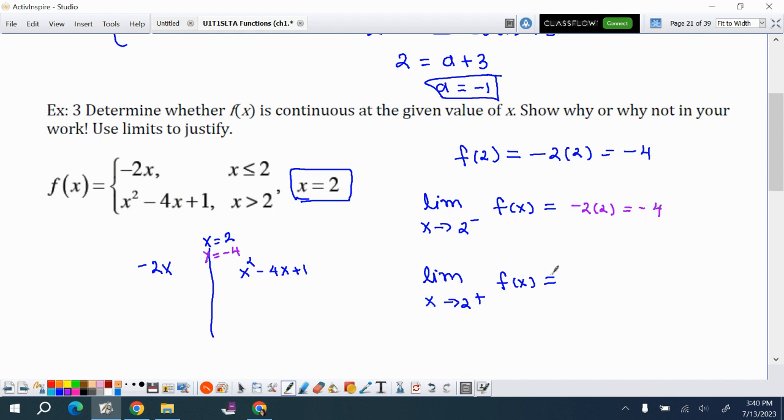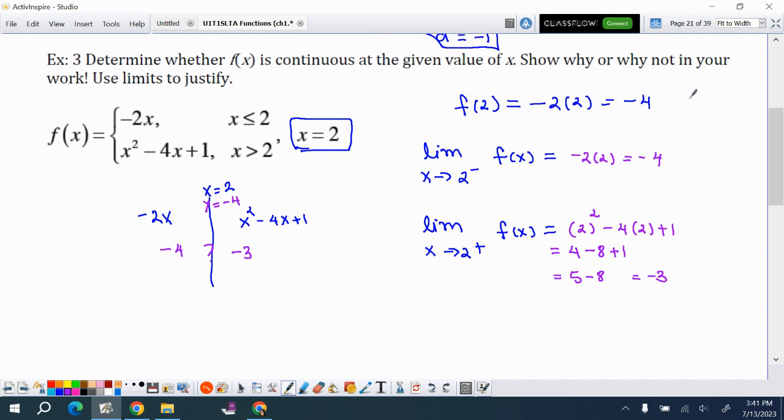2 from the right, let's substitute: 2 squared minus 4 times 2 plus 1, which is 4 minus 8 plus 1, which is 5 minus 8, negative 3. So understand that on this side you are at negative 4, and on the right side you are coming at negative 3. They are not the same. How do we justify? This is all part of the justification: function value, limit from the left, limit from the right.